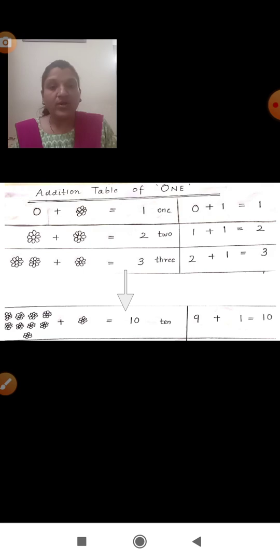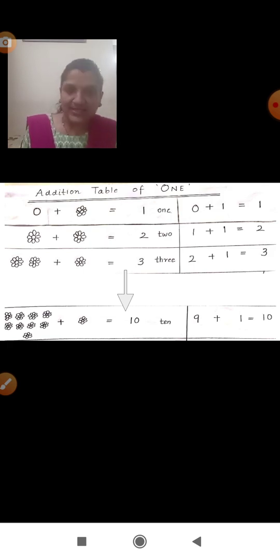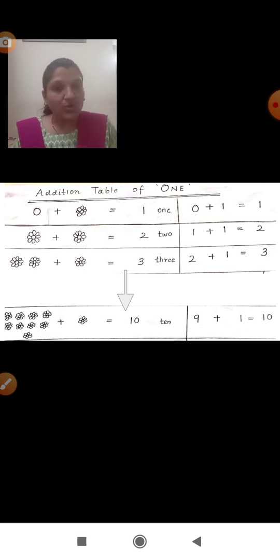Next row you will draw 5 flowers plus 1 flower equals to 6, SIX 6. Then next column you will write in the numbers 5 plus 1 equals to 6. Then again next row you will show 6 flowers plus 1 flower equals to 7, SEVEN 7. Next column you will write 6 plus 1 equals to 7.